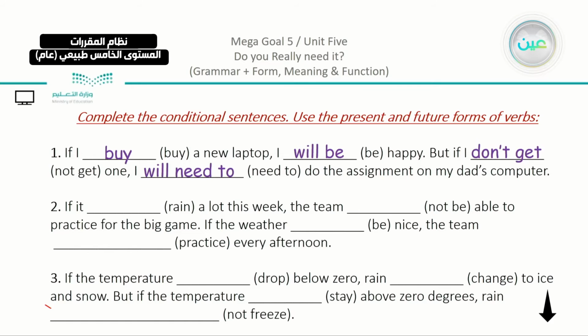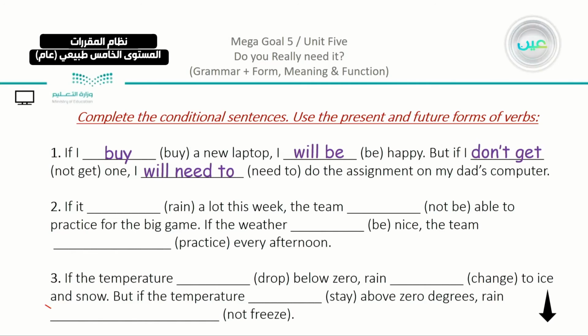Number 2, if it rained a lot this week, the team not be able to practice for the big game. So just imagine that you have a team, they are practicing. In the future, you have a big game. So as we said, we are going to use with if the present simple and the future in the main clause.